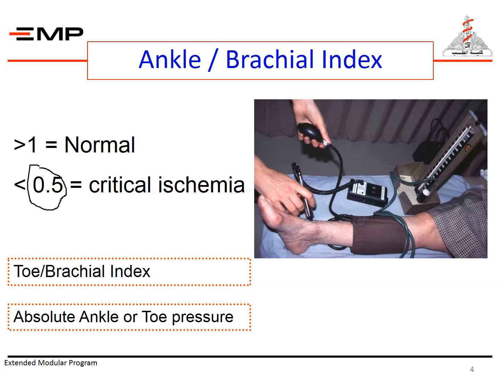The absolute ankle or toe pressure is now used as an indicator for critical ischemia. In your clinical session, we will demonstrate how to use the pocket Doppler. Then each student will learn how to use it to detect the arterial flow.